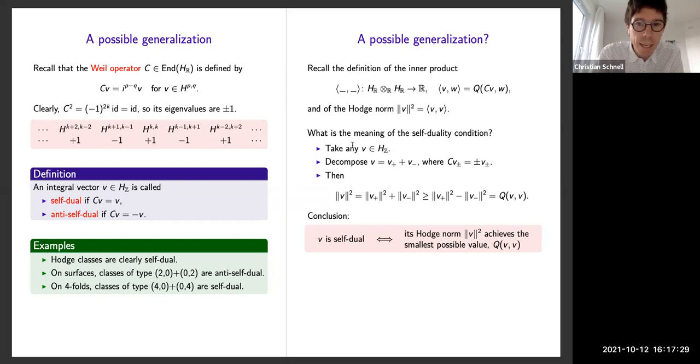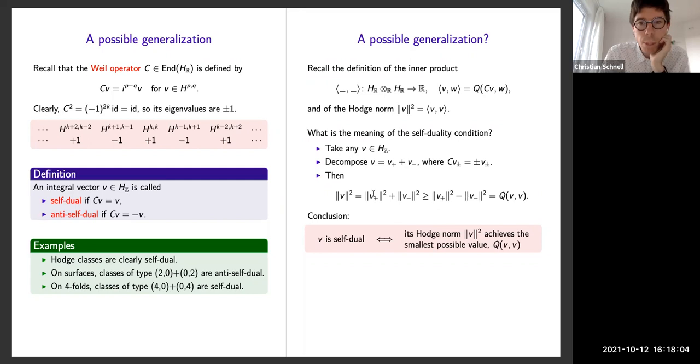If I take any integral class, I can decompose it into its positive and its negative part, the part in the +1 eigenspace and the part in the -1 eigenspace of C. If I compute the Hodge norm, the decomposition is orthogonal for the inner product. So the Hodge norm of v squared is the Hodge norm of the positive part squared plus the negative part squared. That's clearly greater than or equal to the difference, and the difference is just equal to the value of the pairing.